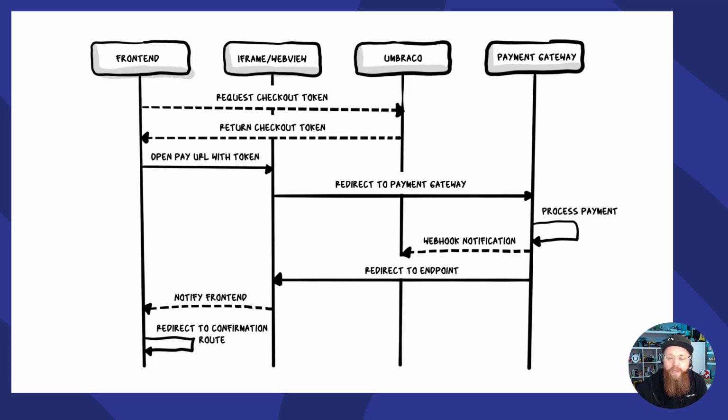We'll get a webhook back, but at the point that the payment gateway redirects, rather than redirecting to a page on the site, it'll redirect to an Umbraco Commerce endpoint, and those endpoints won't render anything, they'll just be blank and empty. But what it allows you to do on the front end is to monitor that iframe, and if it hits 3 very specific endpoints, which are confirmed, cancelled or errored, you can check that URL, and if you ever hit one of those, then you can perform the redirect within your application.